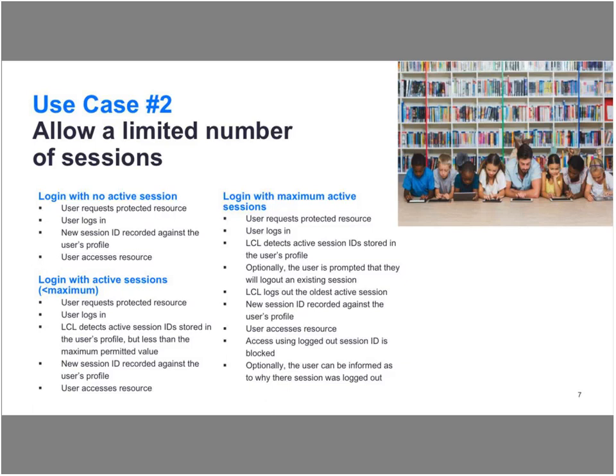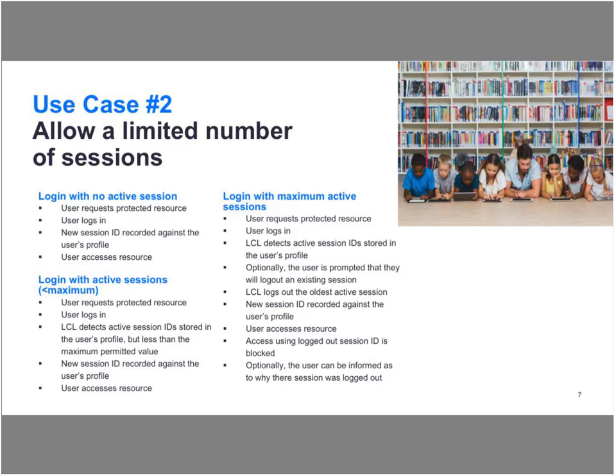If the user logs in and there are active sessions, then the number of active sessions is checked against either a global parameter, so you can set it at a global level, or you can designate a user attribute to hold the number of active sessions that that particular user can have.